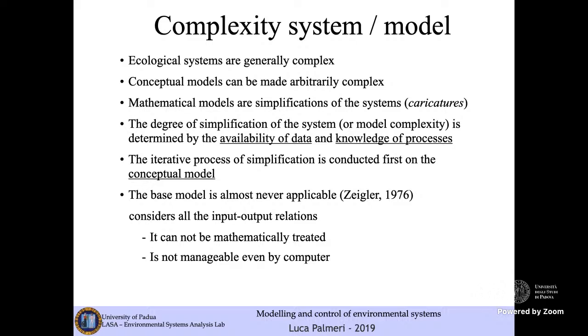The base model, as introduced by Ziegler in 1976, is almost never applicable because it is a model that considers all the input-output relations, and it cannot be generally mathematically treated, and it is not manageable in terms of CPU demand.